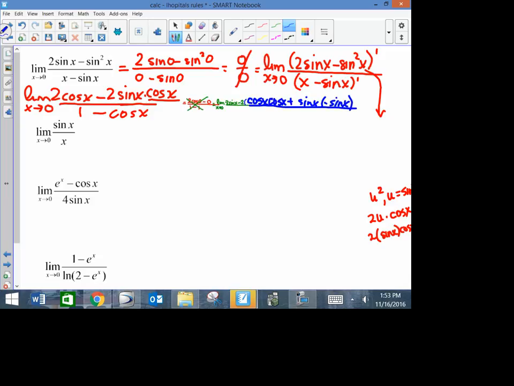The bottom won't. What's the derivative of 1? 0. What's the derivative of minus cosine? Just kidding, the bottom's going to give you 0. It's minus cosine, so you're going to get 0 again.